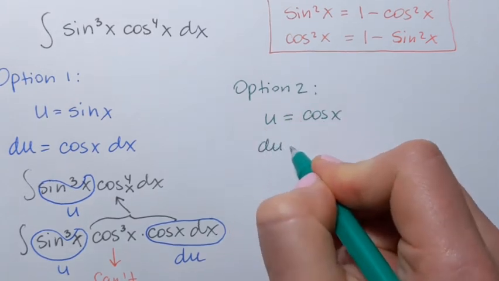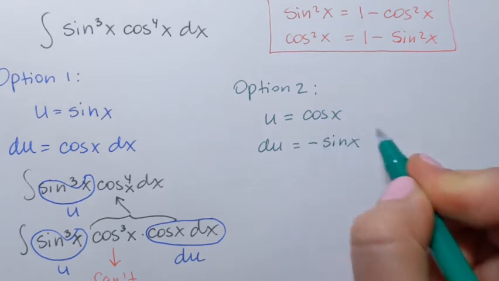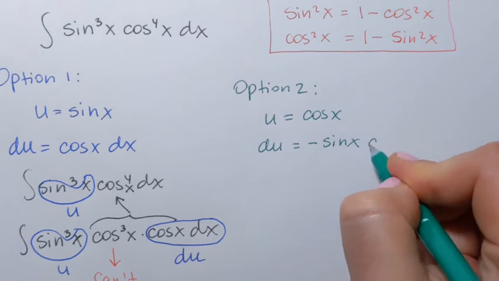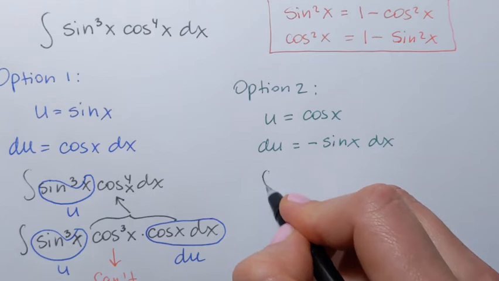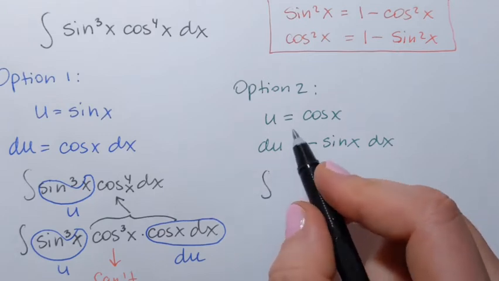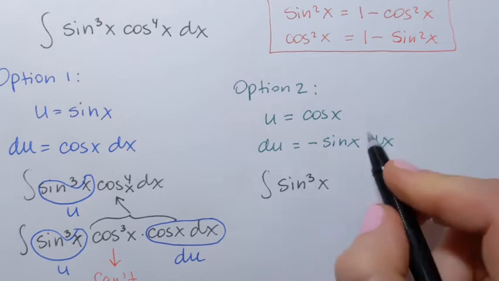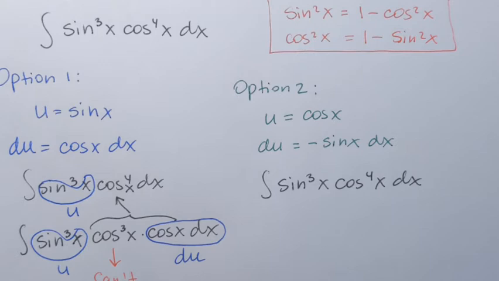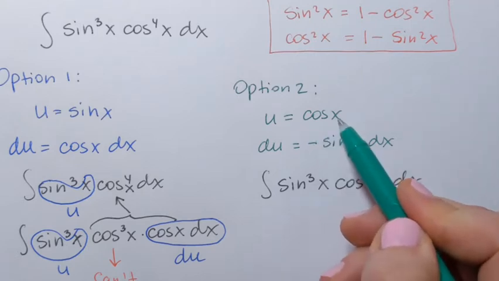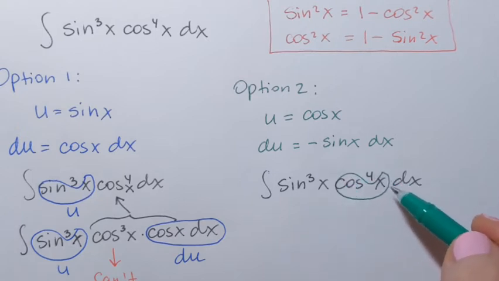Then differential du is negative sine x dx, the derivative of cosine. Well, let's check what happens with this kind of substitution. So I'm rewriting my integral and making notes. Cosine is now going to be u, so that part is done.